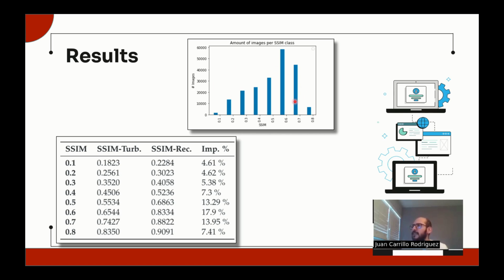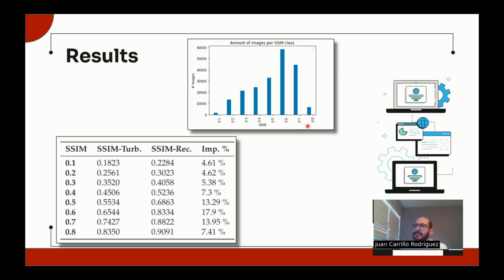We can do the stratification of the dataset by the SSIM. The SSIM is an index that tells us how similar an image is compared with the original image. In this case, we have these bins from 0.1 to 0.8. Something that we can see over here is that the biggest amount of images is close to 0.6, 0.7.